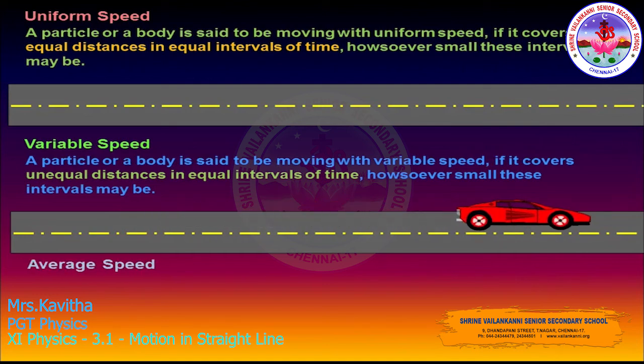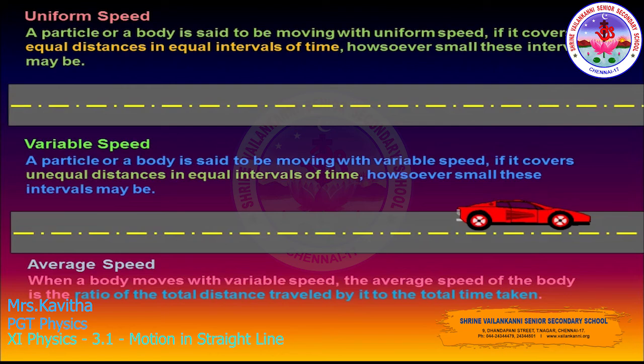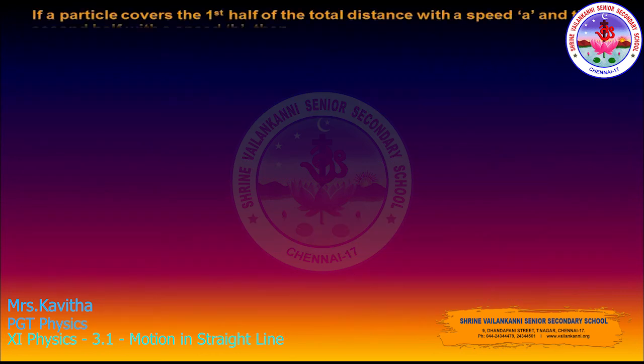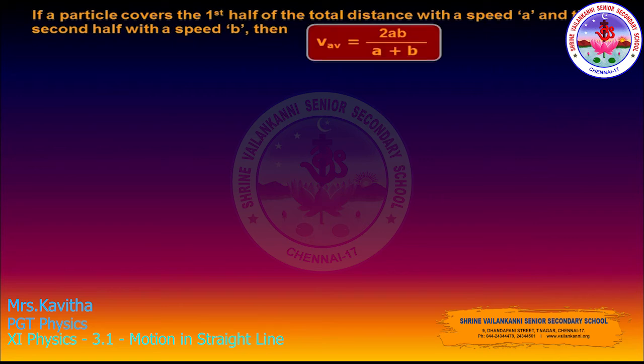Now, what is average speed? When a body moves with variable speed, the average speed of the body is the ratio of the total distance covered or travelled by it to the total time taken. If a particle covers the first half of the total distance with speed a and the other half with speed b, then the average speed is 2ab divided by a plus b.